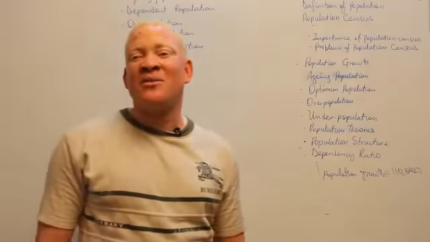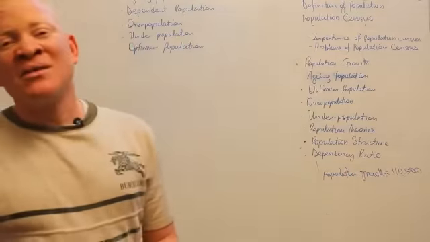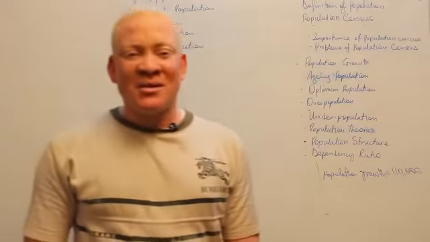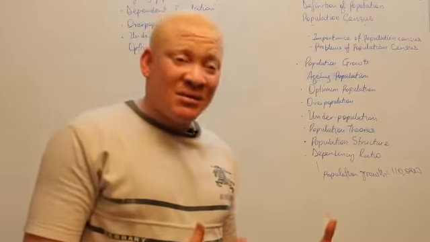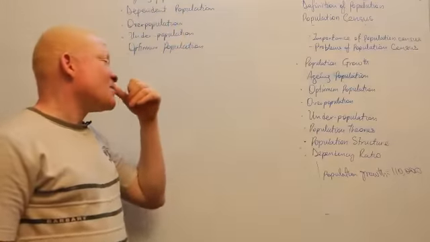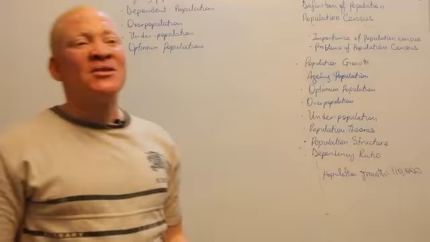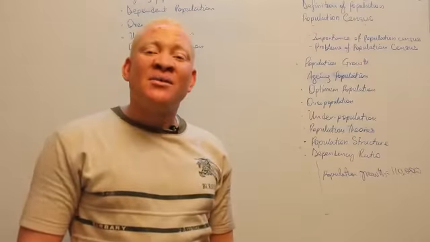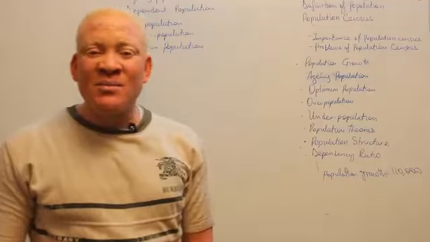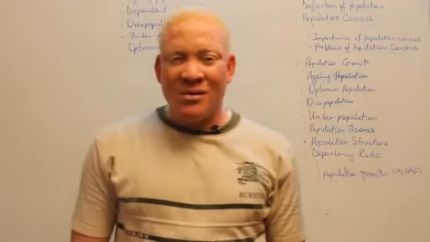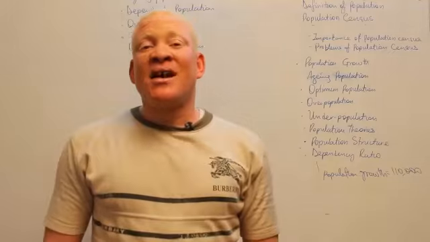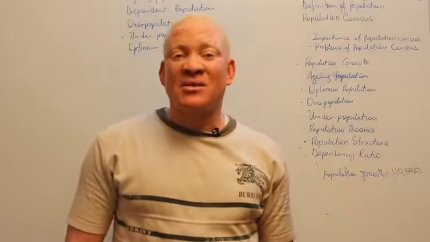Now the next one, talking about overpopulation, underpopulation and optimum population. It is the form of population that is determined by comparing output per unit to the resources that are available. Now let's go. Overpopulation is a type of population in which the output per unit is low, owing to the fact that the resources cannot sustain the population size.